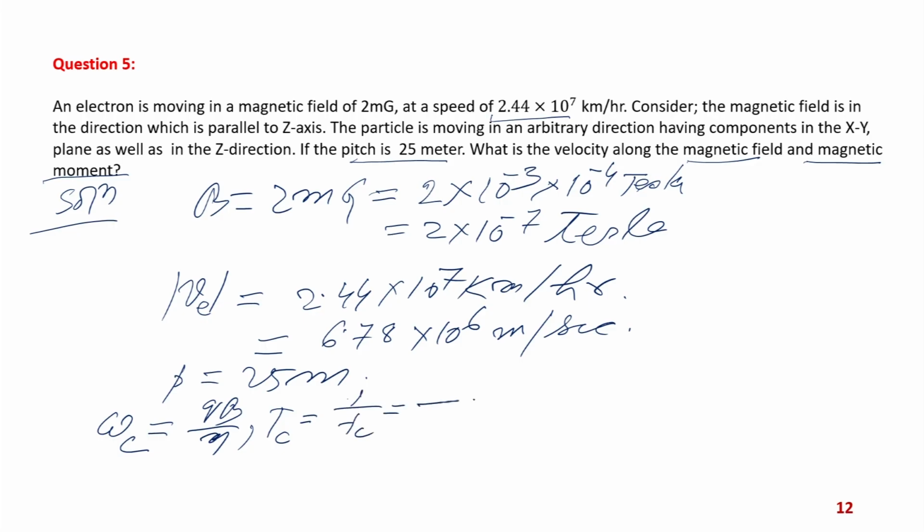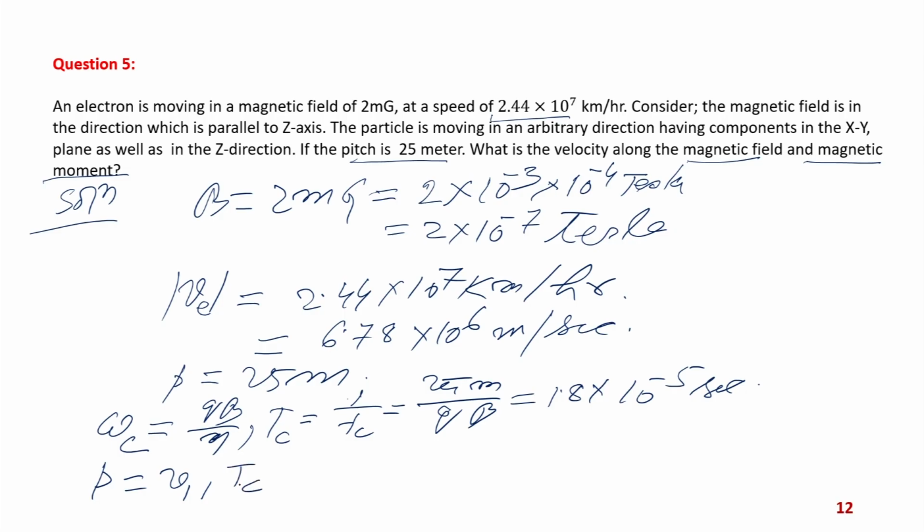So, it will be basically 2 pi m divided by q B, and if you put all the values you will get 1.8 into 10 to the power minus 5 second. Okay. Now, P is equal to V parallel T c. So, from here you have T c, you have P, so you can find V parallel. V parallel will be equal to 1.4 into 10 to the power 6 meter per second.